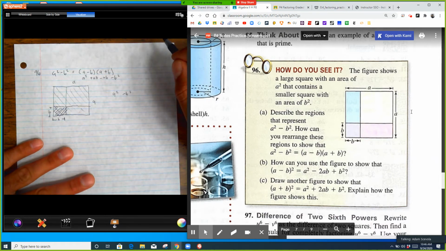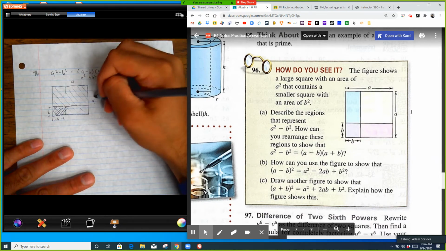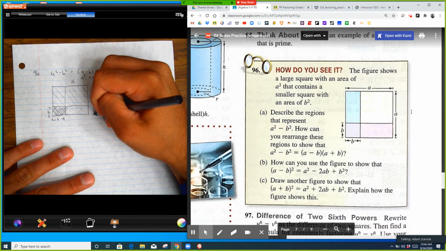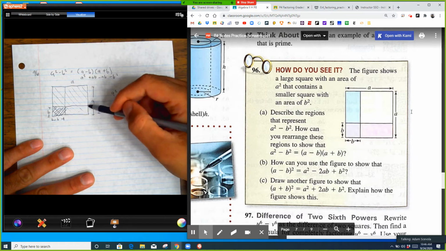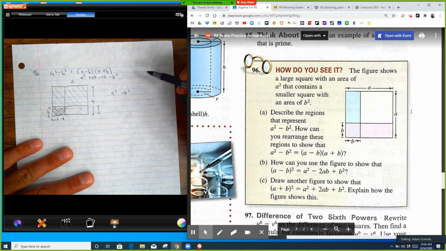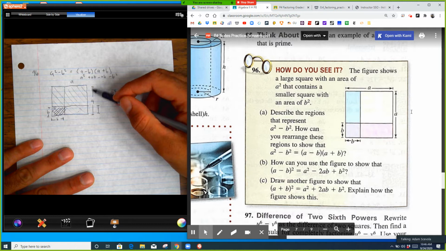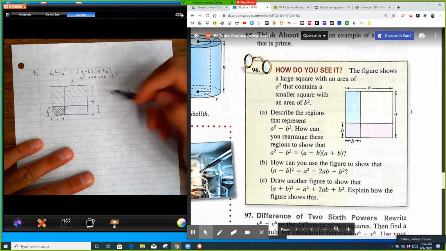Now, if this whole side here is A, then this side here, from there to there, that length is going to be B. We know that.